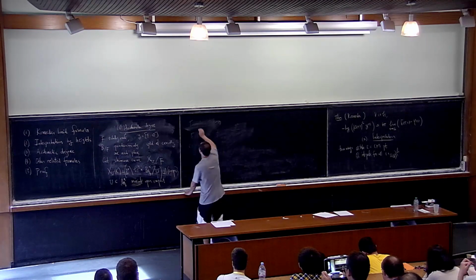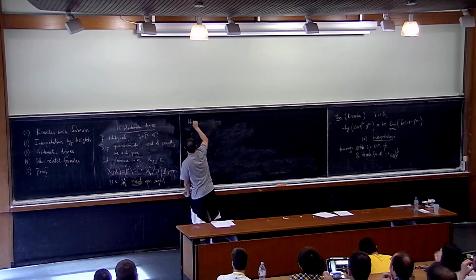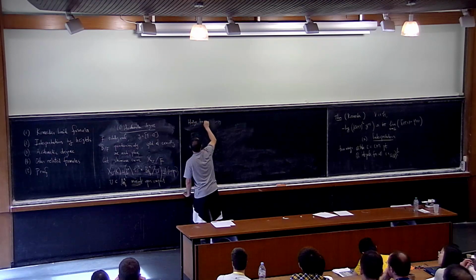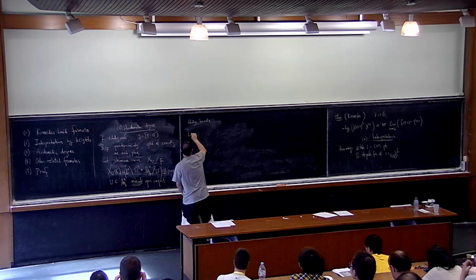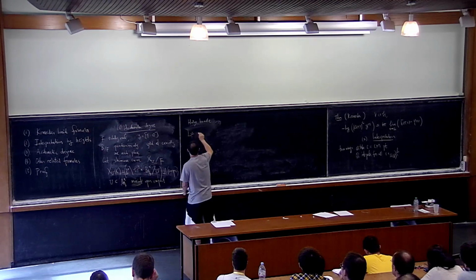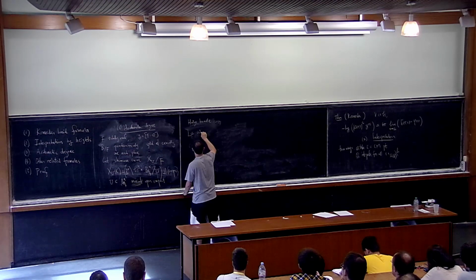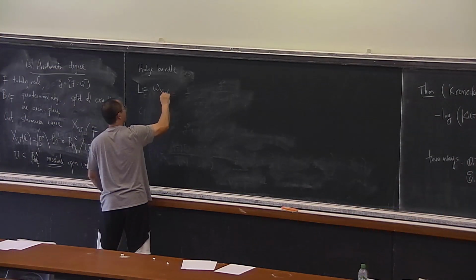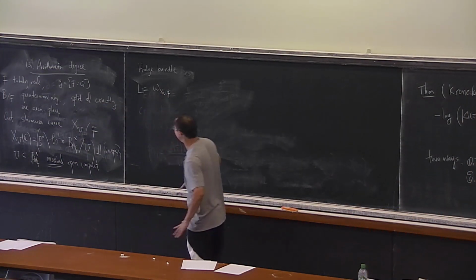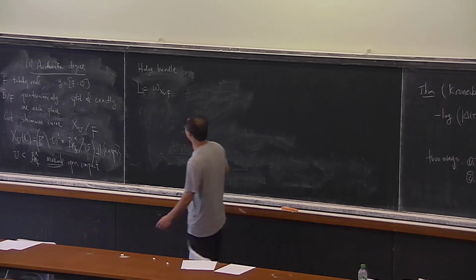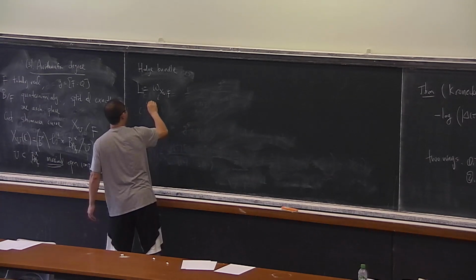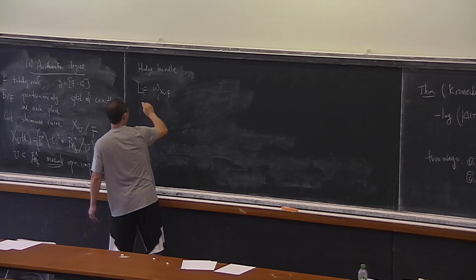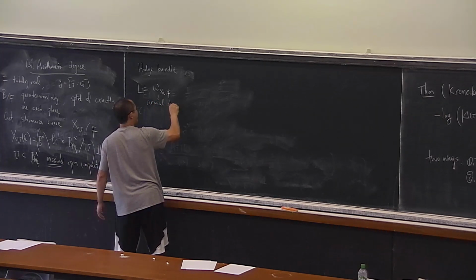Now we have the Hodge bundle. So we put omega X_U over F. That's the canonical bundle, canonical sheaf.